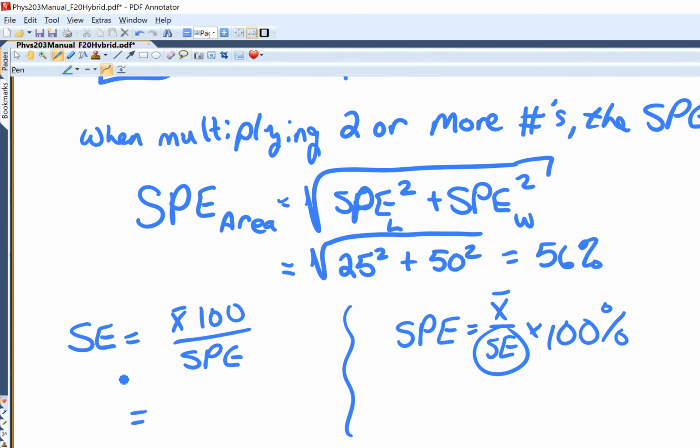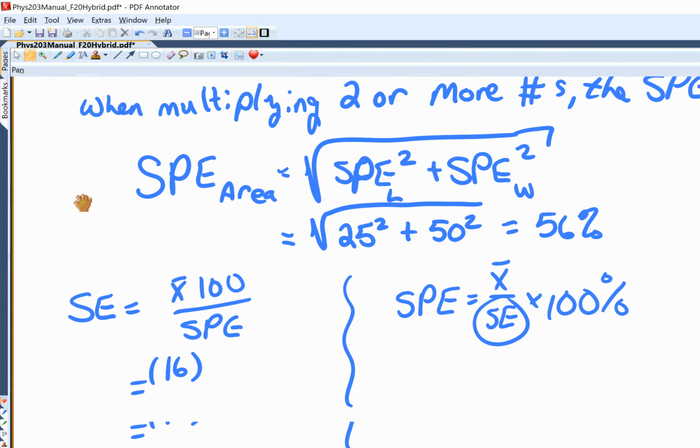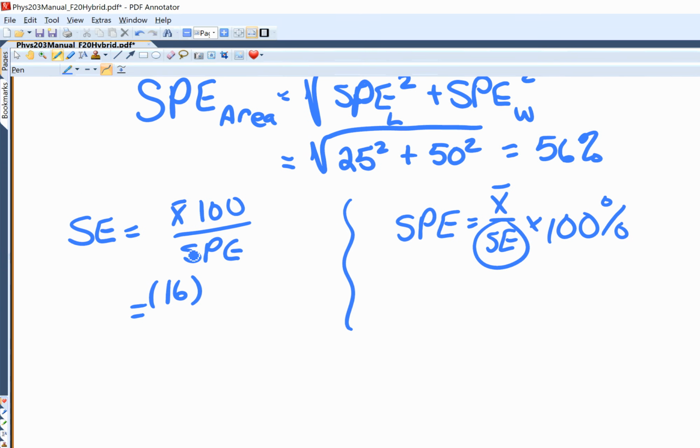So I have X bar was 16, just to remind you where that came from. That came from right here. Times 100 divided by my SPE, which is 56%. We're being a little loose with our percentages. We're just sort of using that as a number. So that's 1600 divided by 56, and I get 20.